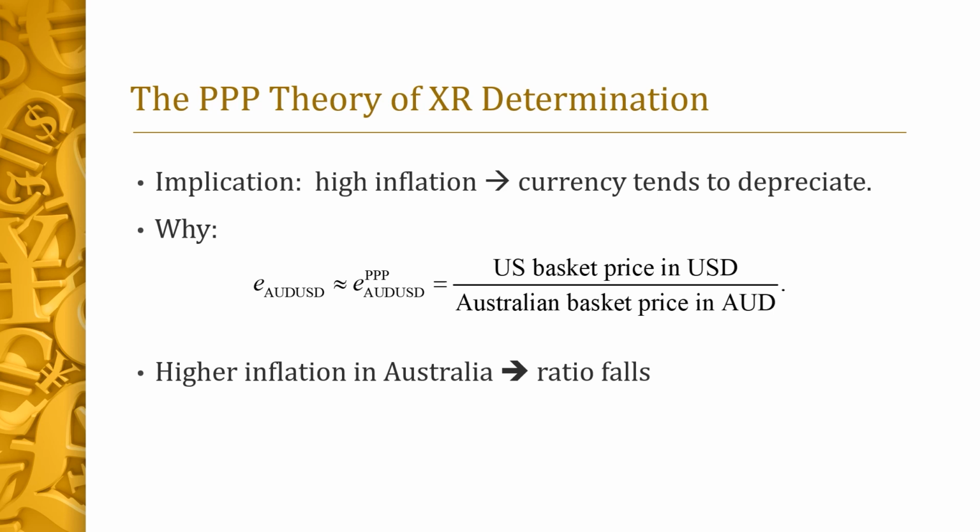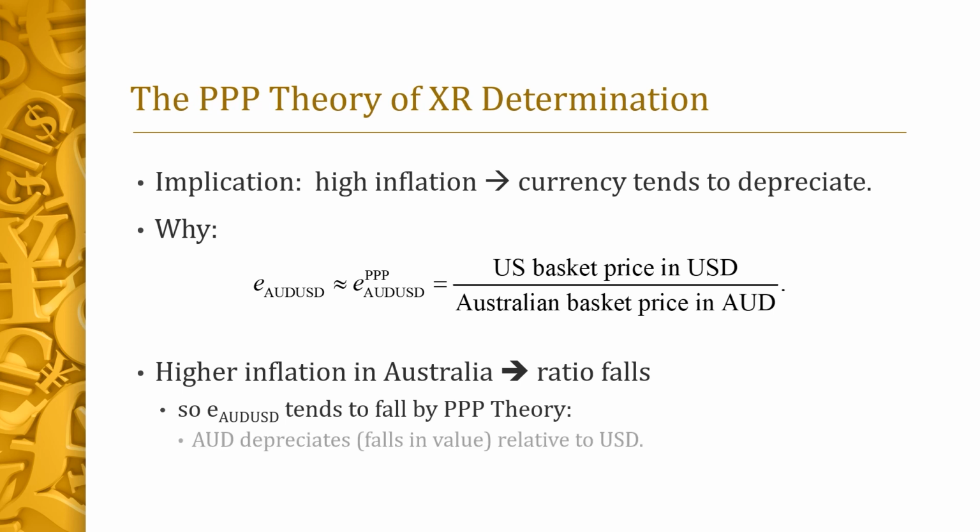Now suppose that inflation is persistently higher in Australia than in the United States. Over time, the ratio will tend to fall. Thus, by the PPP theory, the nominal exchange rate EAUD-USD will also tend to fall. In other words, the Australian dollar falls in value, or depreciates, relative to the US dollar.